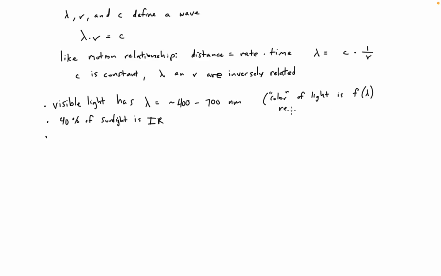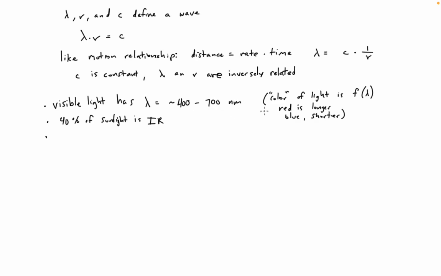Red is longer, so the reds are in the 700 range, or that end of the spectrum, and the blues are shorter. And that means that the blue is a higher energy. Well, we'll get to that in a moment.